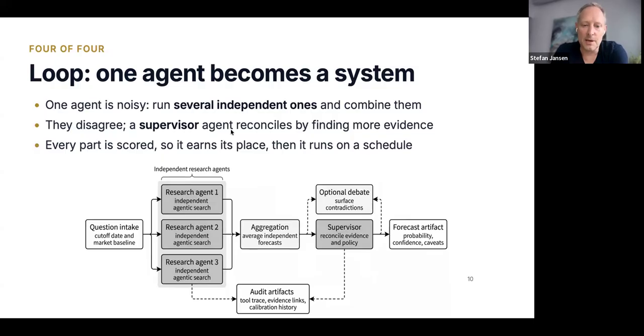This particular system is designed to have these various agents generate forecasts.